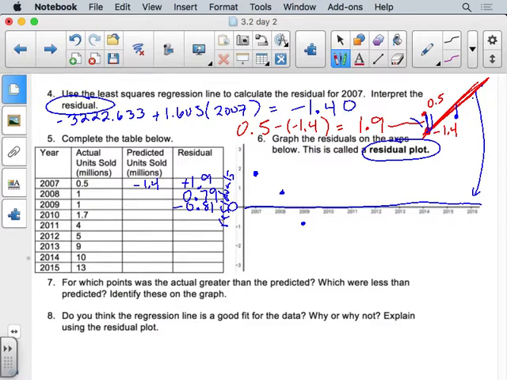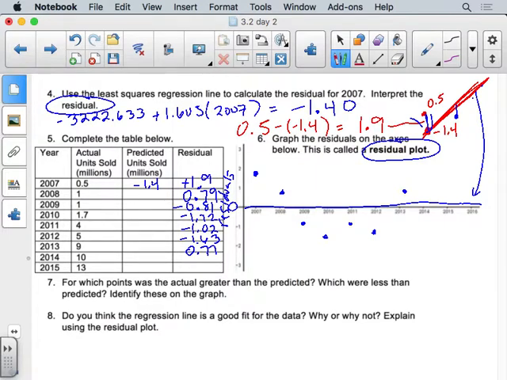Then you got negative 1.72, so it's about down here. You've got negative 1.02, so it's about right there. Negative 1.63 at 2012. Positive 0.77. So somewhere above again.